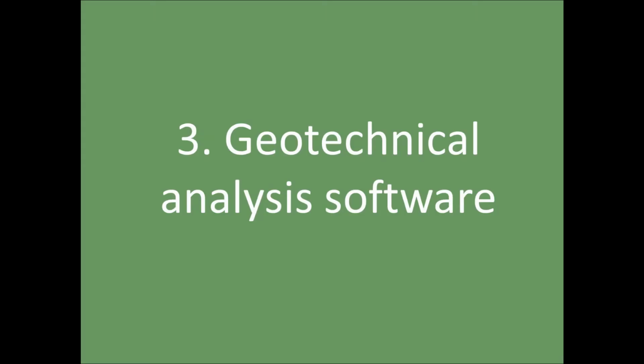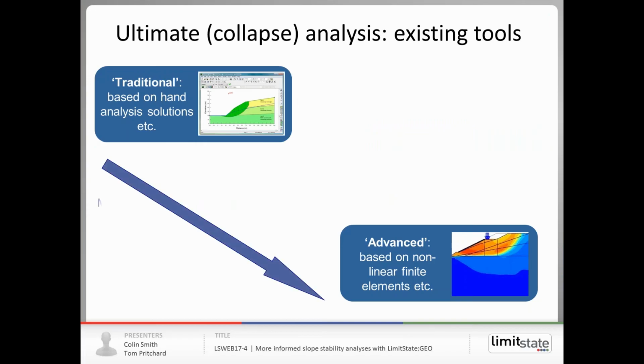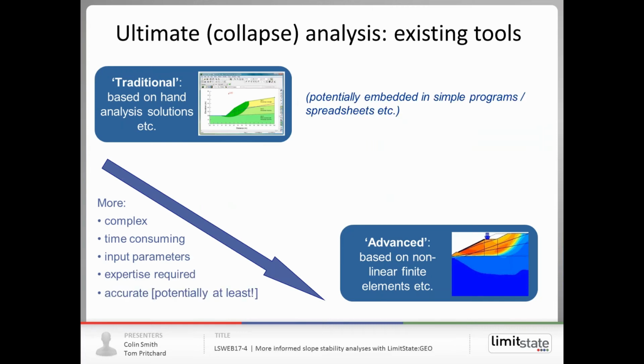Now, if we look at geotechnical analysis software that's available, then we have those, such as slip circle analysis, that are based on conventional approaches and do a pretty good job specifically for particular problems such as slopes. And on this diagram on the bottom right, we have, for more complicated analyses, finite element software, which can pretty well model any problem geometry, and we can model a range of complex soil behaviors.